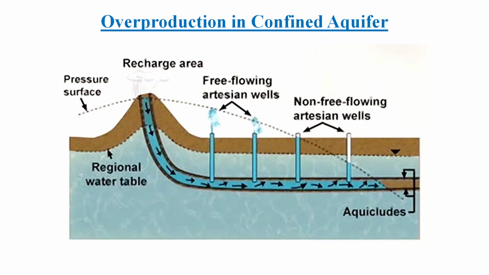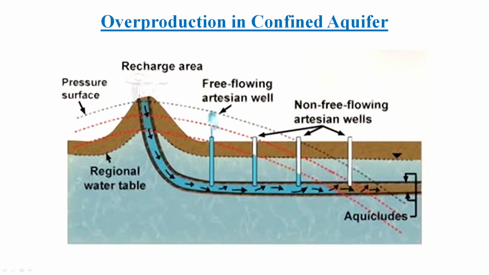These aquifers are again and again vulnerable to this kind of depletion in case of overproduction. So if I overproduce from these wells continuously, what will happen? The overall piezometric, or water pressure, surface will fall down, resulting in again and again depletion of the aquifer like this.